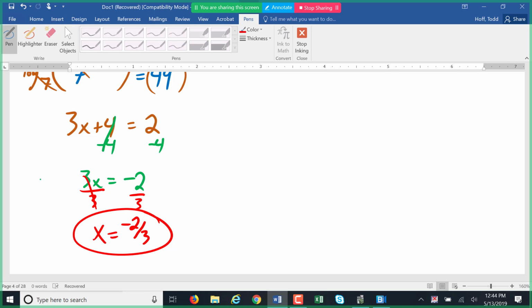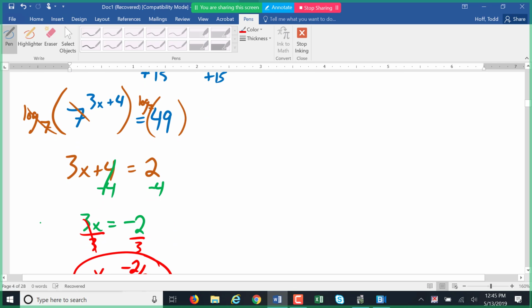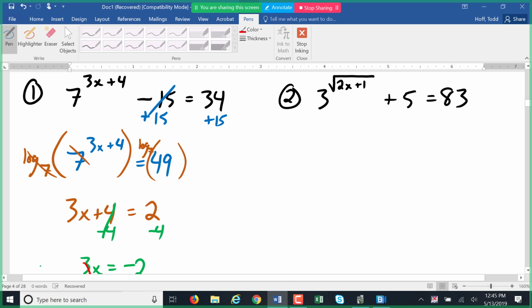Any questions on how we did that? Exactly. You could have done that if you saw that 49 was 7 squared, and then you could just cancel out the 7s and have 3x plus 4 equals 2.